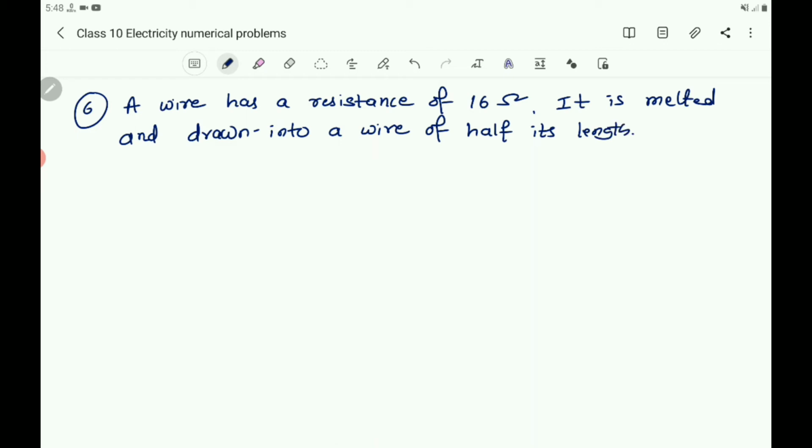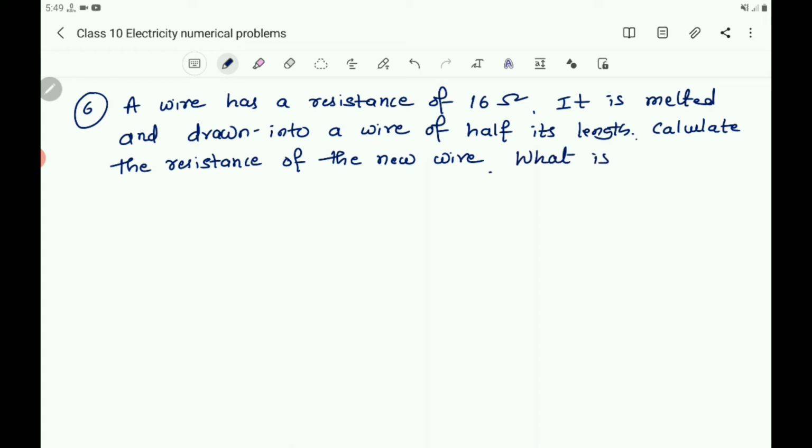Calculate the resistance of the new wire. What is the percentage change in the resistance?